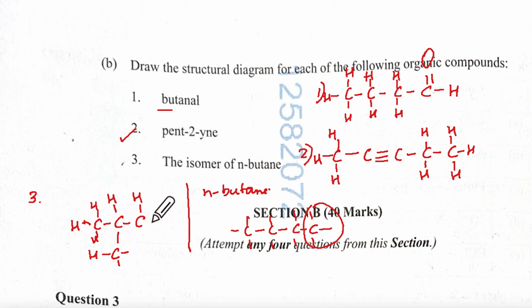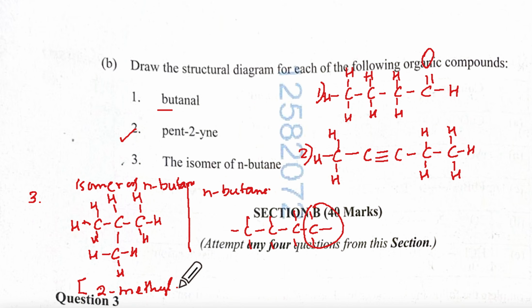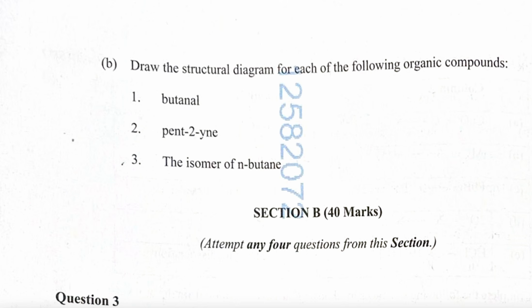So this is your structure, all H's here. Just make sure that these two H's are separated, and this is the isomer of n-butane. Now better to write its IUPAC name also. It's a prop. So second carbon has methyl. So 2-methylpropane.